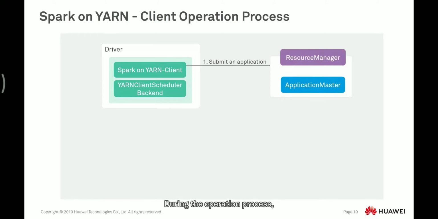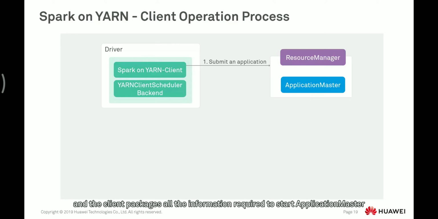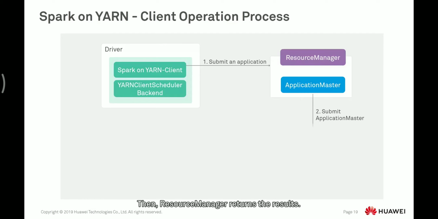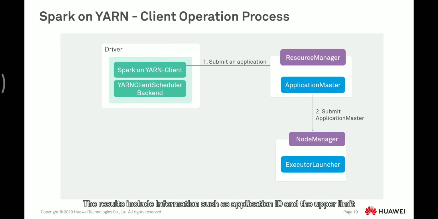During the operation process, the client first sends the Spark application request to Resource Manager, and the client packages all the information required to start Application Master and sends the information to Resource Manager. Then, Resource Manager returns the results. The results include information such as application ID and the upper limit as well as lower limit of available resources.